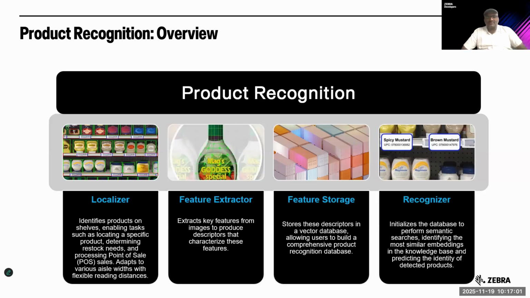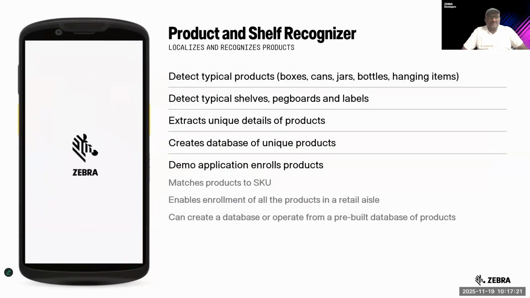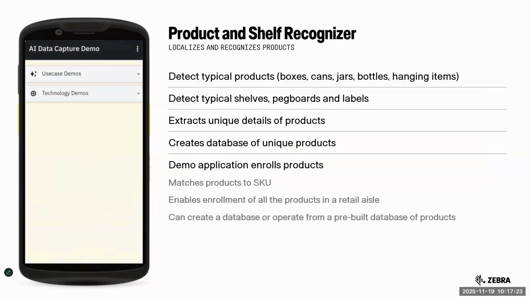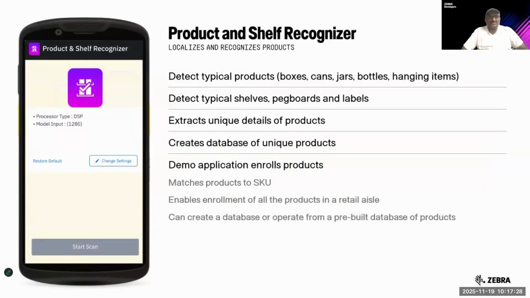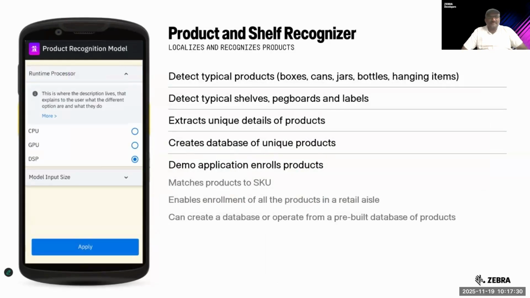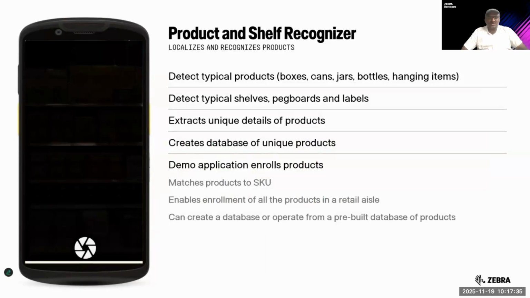So this is the whole pipeline, where you see these 4 steps are involved. We will see each individual item in the coming slides. Next, we'll see a quick demonstration of how this product recognition works. So Nicola, please play the video. This is the demo application. On the left side, you select the DSP and set the model input size.